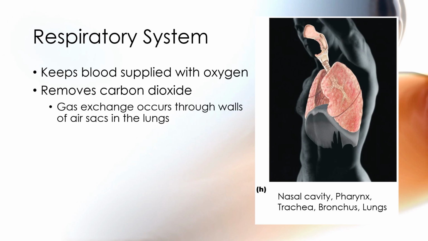So the gas exchange is really going to be happening in two places, right? So it's really going to be happening in the lungs, right? So in these air sacs in the lungs, we're going to be getting oxygen from the lungs into the blood vessels, but then we're also going to be getting that carbon dioxide out of the blood vessels back into the lungs so we can breathe it out.